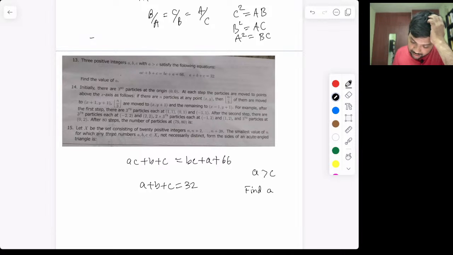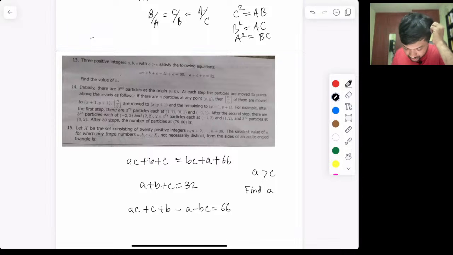Okay, you have to do some algebra here then, right? Let's see. ac plus c plus b minus a minus bc is 66. Does that help? Can you factorize them or something? You can certainly write c into a minus b. Maybe a is greater than c, should I have a minus c somewhere?